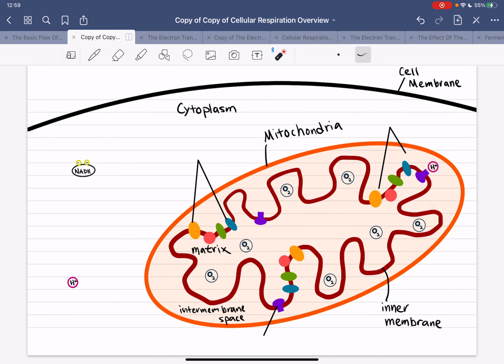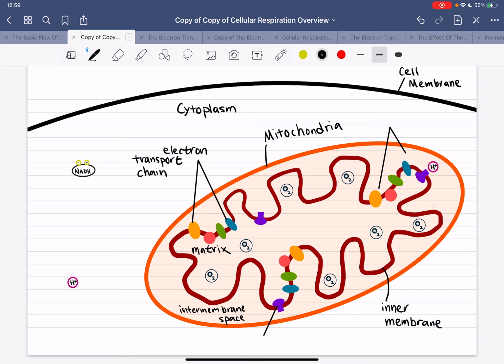And the first thing I want you to recognize is that the electron transport chains are embedded. They're located within the inner membrane of the mitochondria. I've drawn two of them to emphasize that you don't just have one electron transport chain per mitochondria.